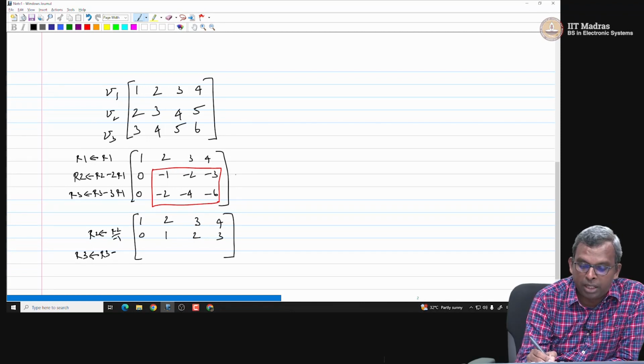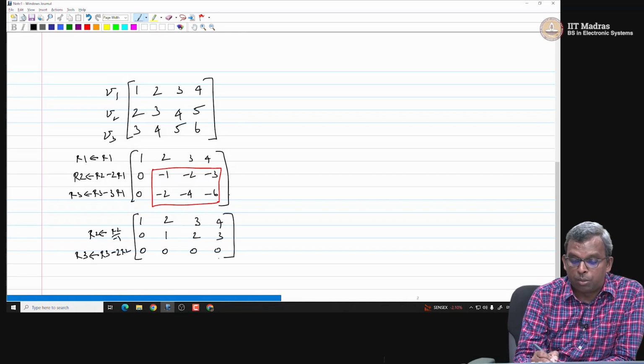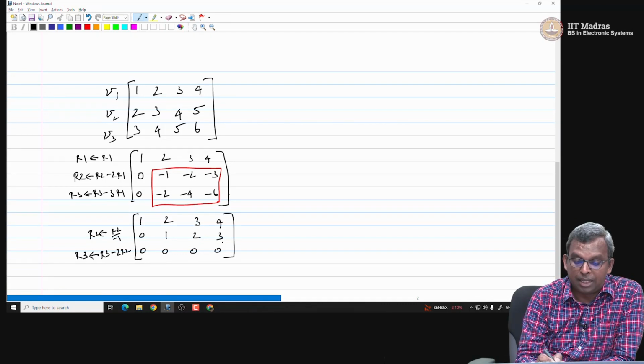So do it with only the previous one, R3 minus 2 times R2, right? So this minus 2 times this, it remains 2, this becomes 0, minus 2 times this becomes 0, minus 2 times this also becomes 0. I hope you see that. So you got a 0 row. You see that? So I got an all 0 row.